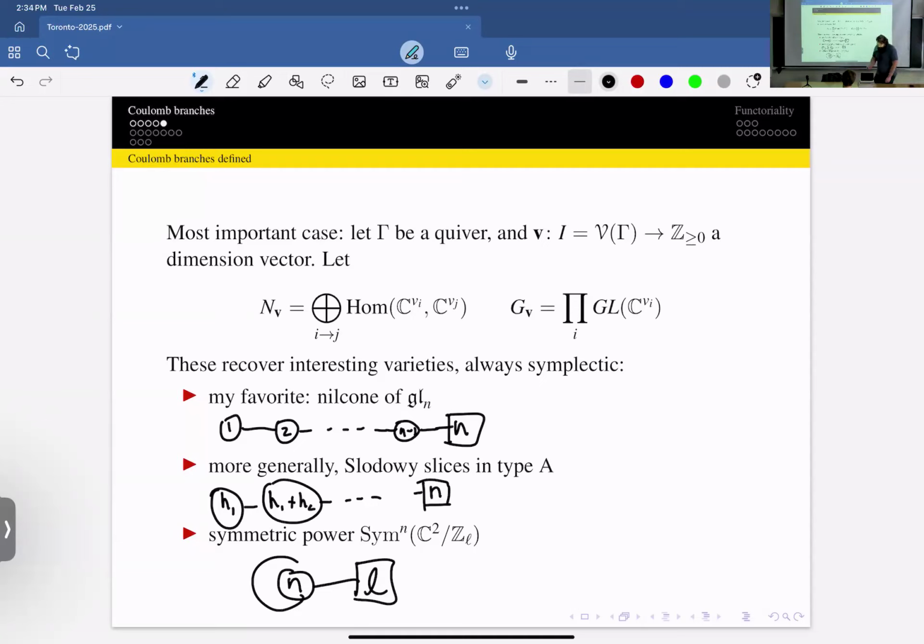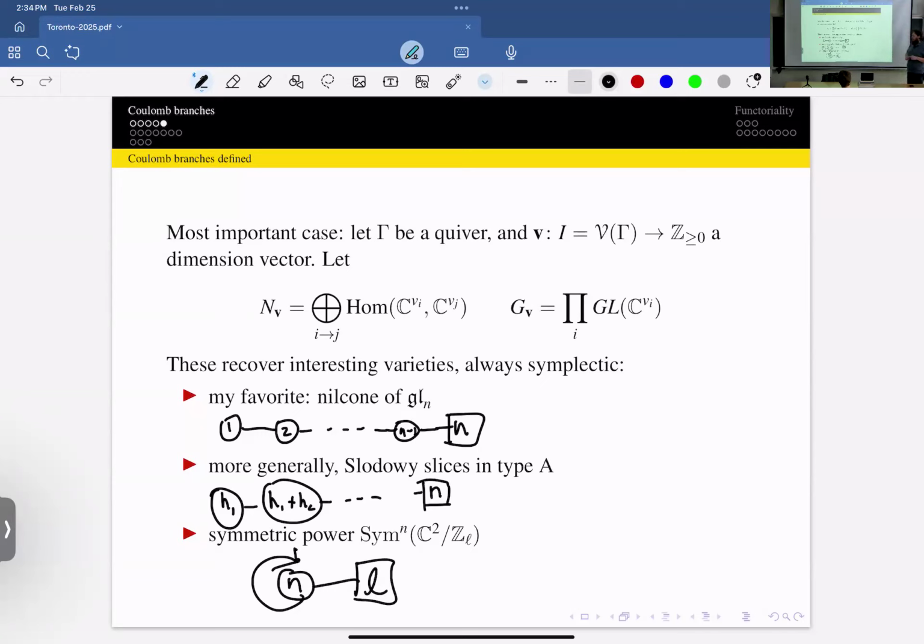And it's maybe not totally obvious from my poor drawing here, but this is a loop, an edge. So it's going from this guy back to itself. Well, so from here to here. So Nakajima quiver, right? Those are the hyperkähler quotients.